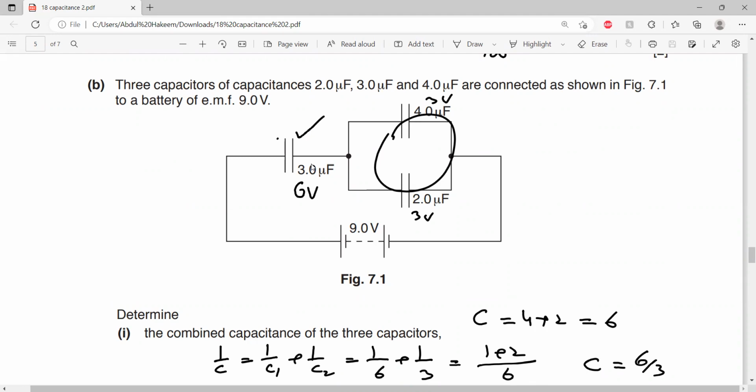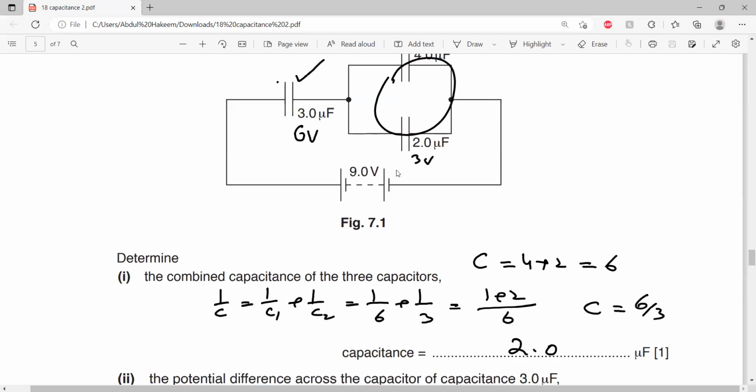And this is 3, so the 6 combination and this 3 capacitor are in series. For the combined capacitance of the 3 capacitors, 1/C equals 1/C1 plus 1/C2. The combination of the 2 parallel is 1/6, and the next is 1/3. So it becomes 3/6, meaning C is 6/3. So the answer is 2.